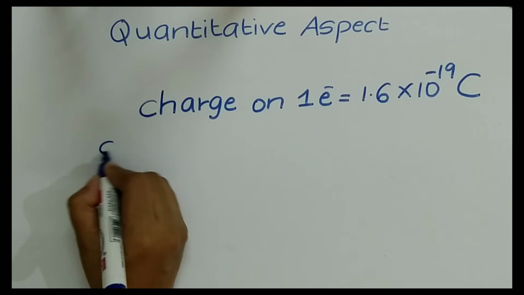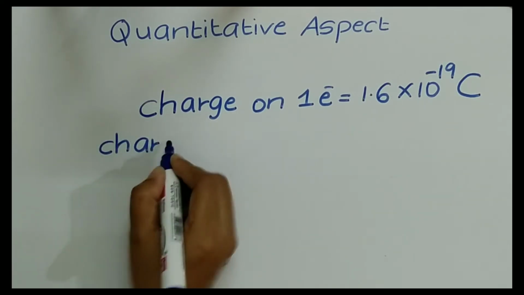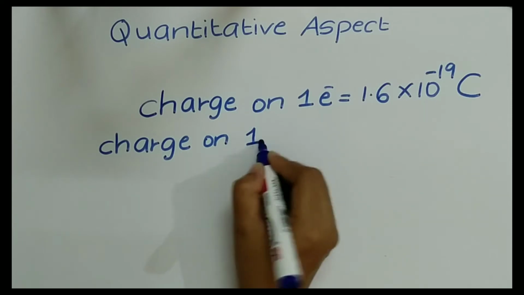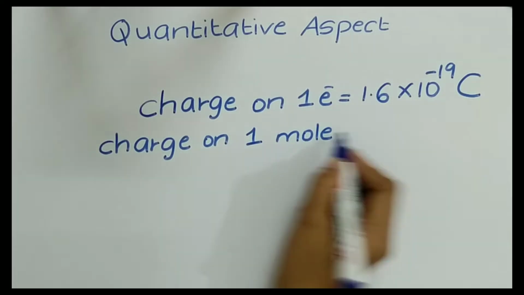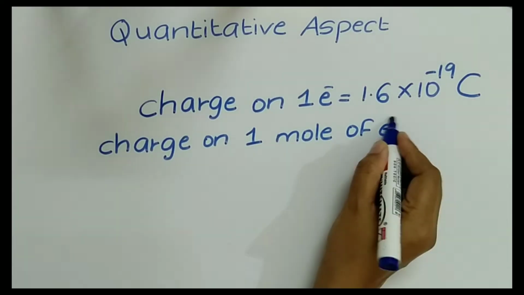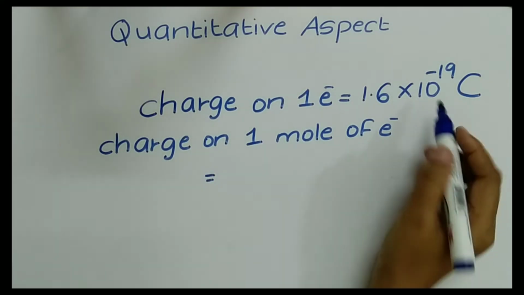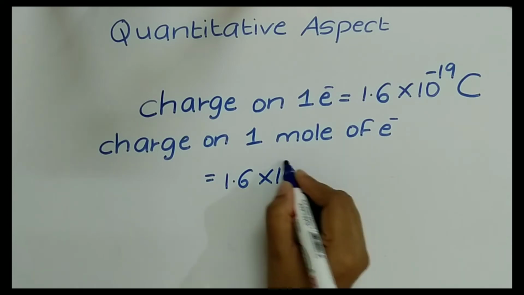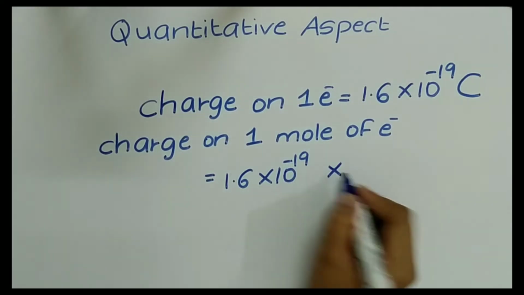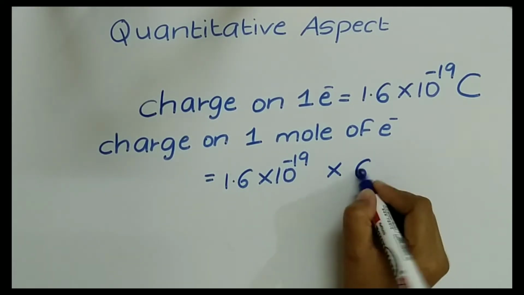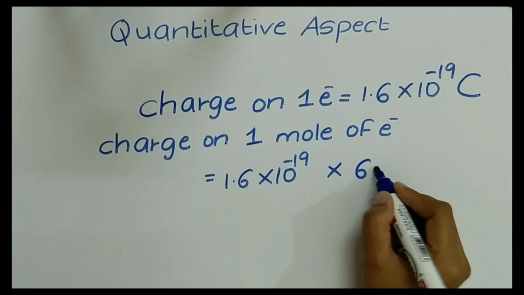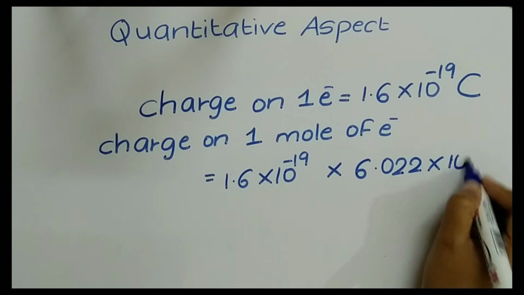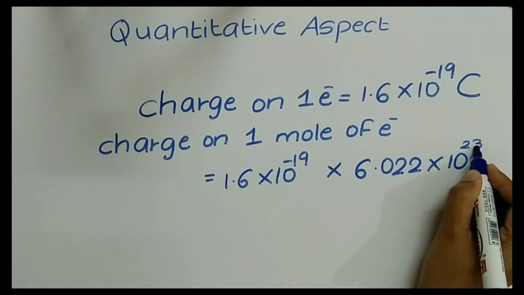So the charge on 1 mole of electrons will be equal to this charge, 1.6 into 10 to the power minus 19, into Avogadro number, because we are talking of 1 mole. That is 6.022 into 10 to the power 23.